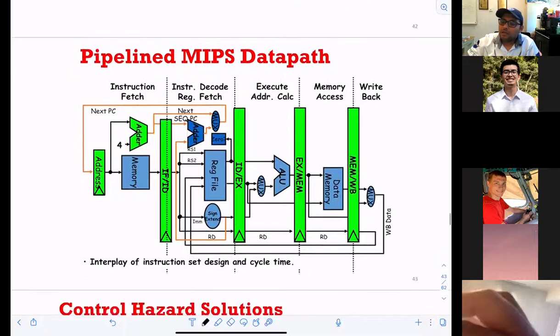Yeah, that's correct. Then while we were developing the process, we figured out every single instruction has its own style.